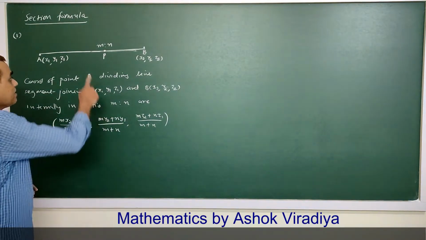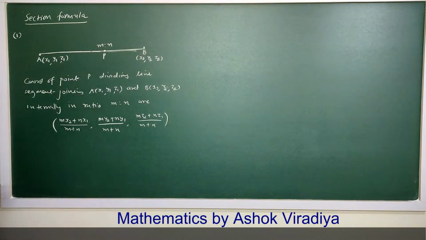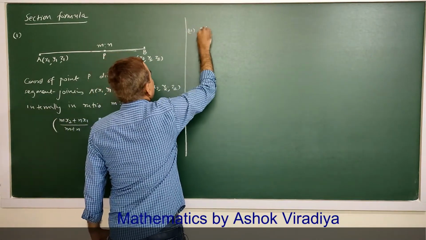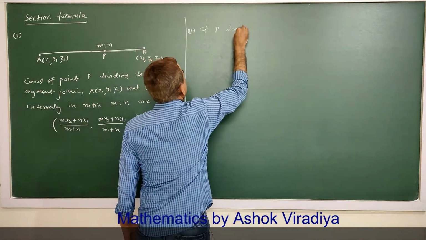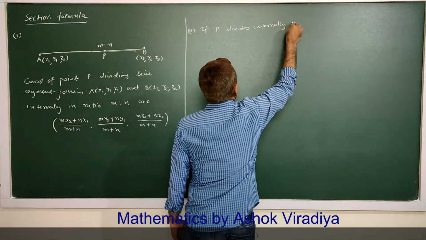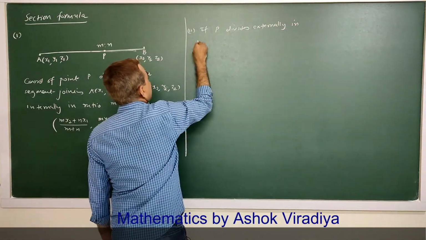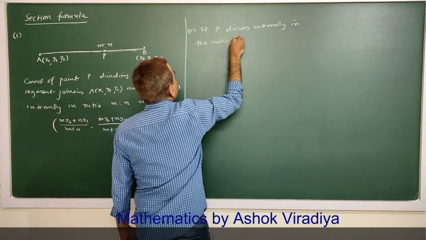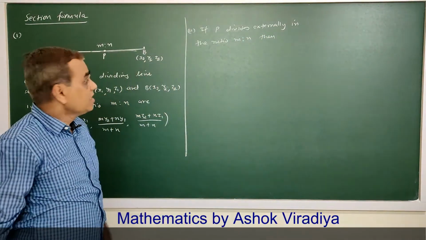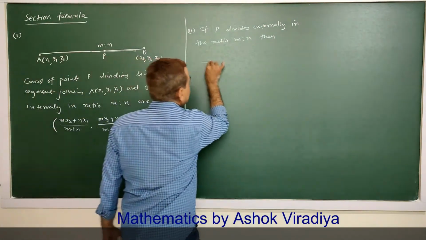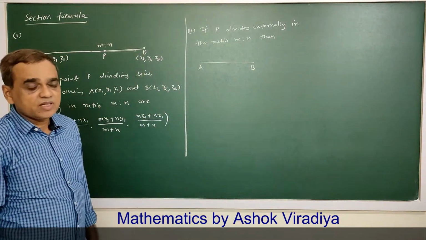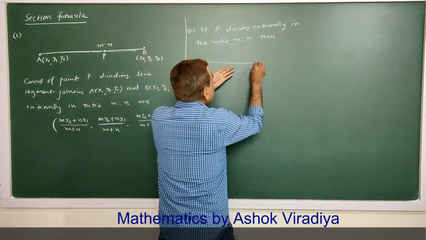Now if point P divides externally in the ratio m is to n, then if P divides externally, that means if AB is a line segment, then P is a point on this line.